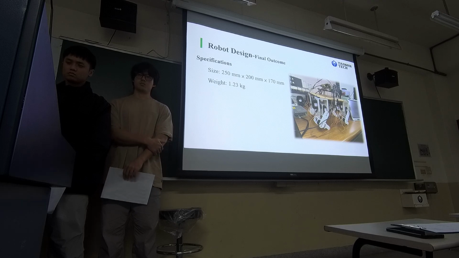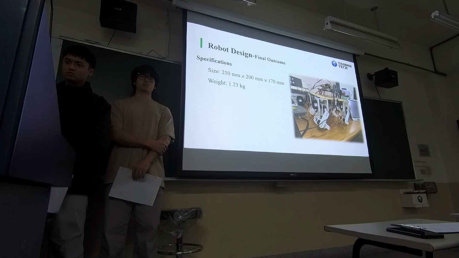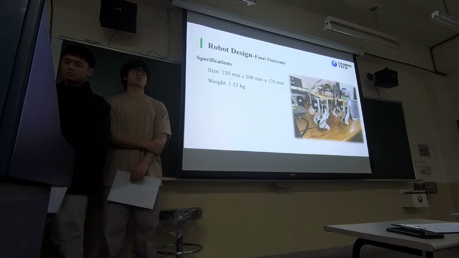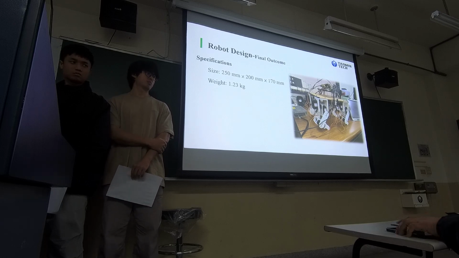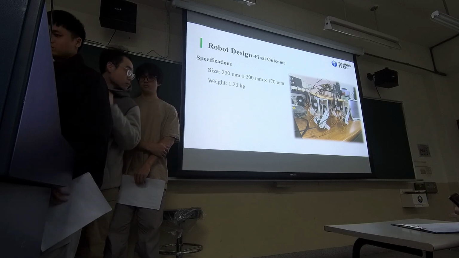The robot we built is stable and serves as a great platform for simulation and analysis for our research. Next, my partner Ray will introduce the trajectory planning and simulation.